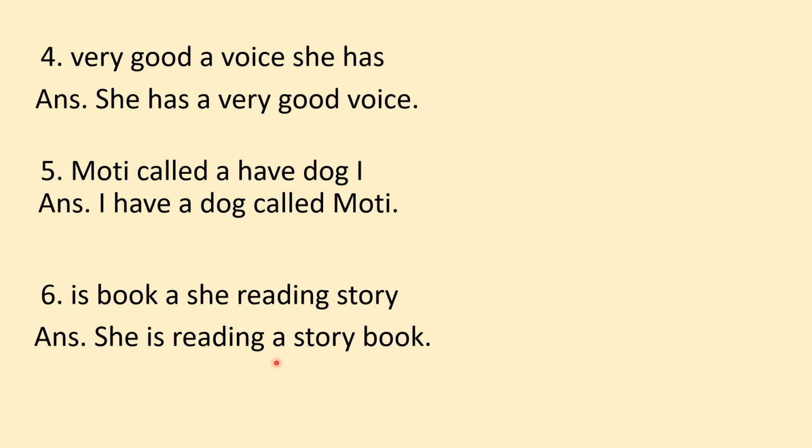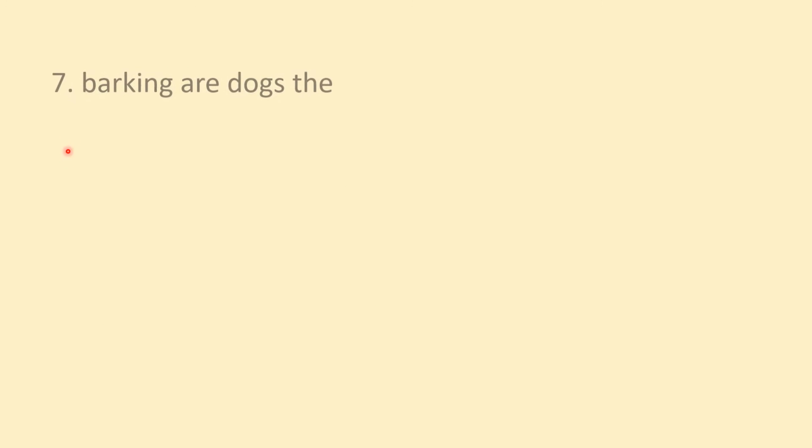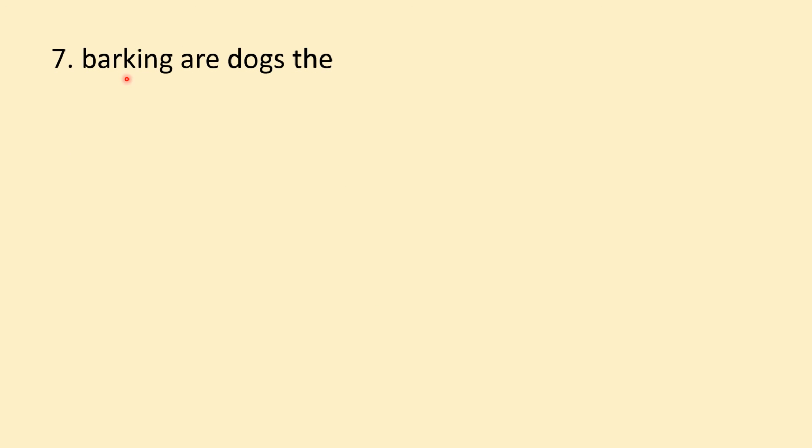Your sentence makes complete sense. Barking are dogs the. Who are we talking about? The dogs. So put the dogs first and then put are barking. The dogs are barking.